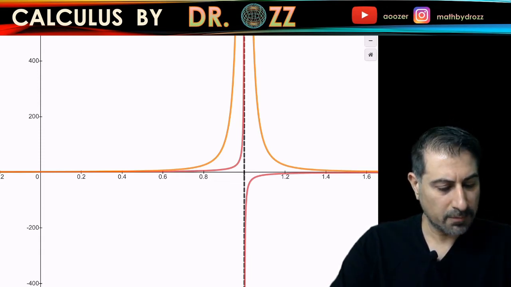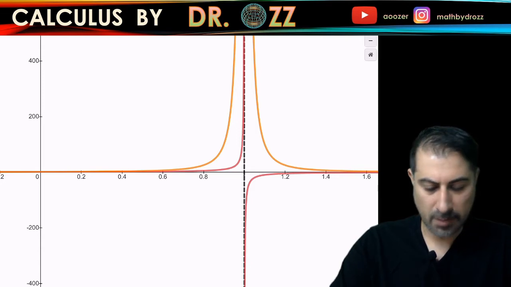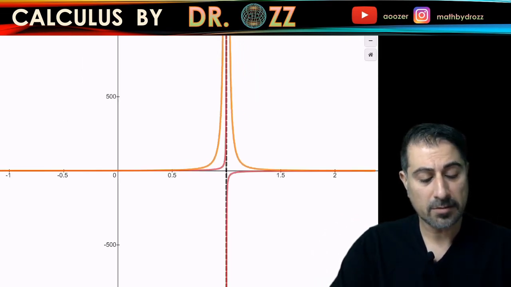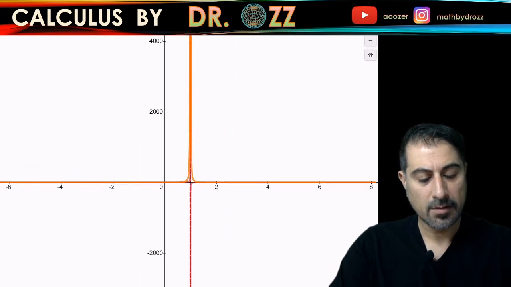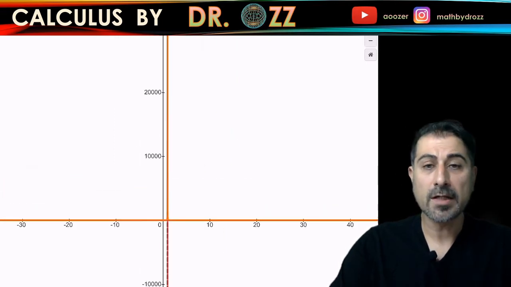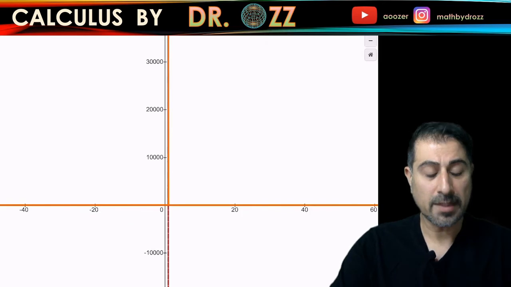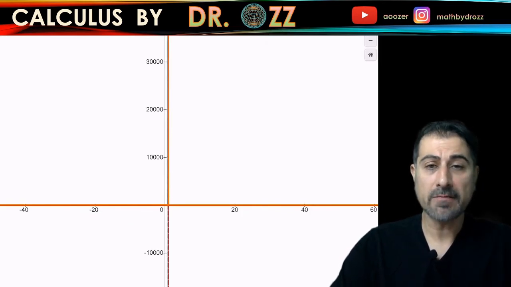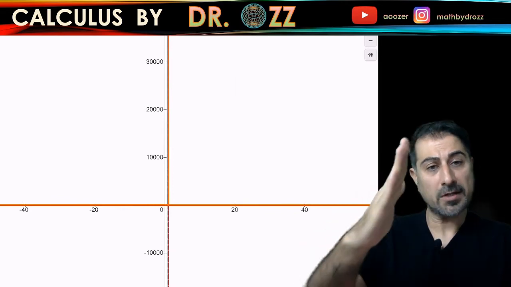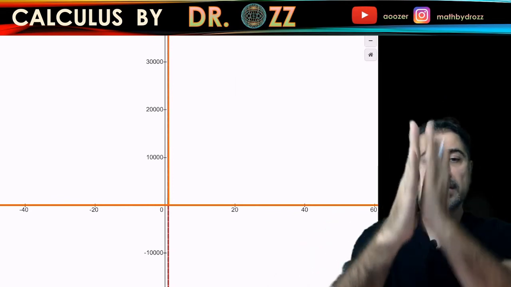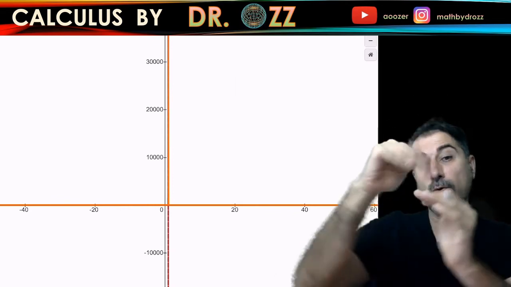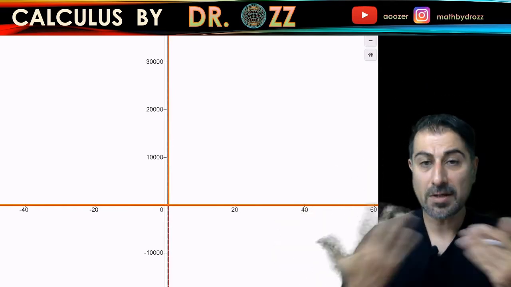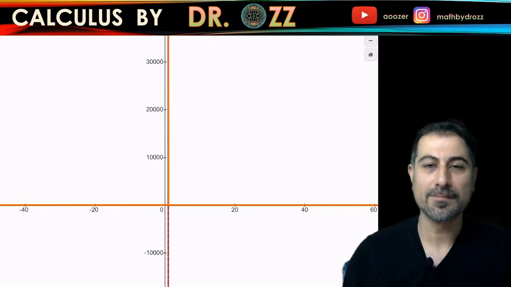I plotted for the range of y between negative 500 and 500, but as you see, if I zoom out, the red and orange curves are going to approach plus or minus infinity, but they're going to go along the vertical line and they will never ever touch. So the graph of f will never ever touch the vertical asymptote, but it's going to go to infinity or minus infinity along the vertical line. That's why we call it an asymptote.